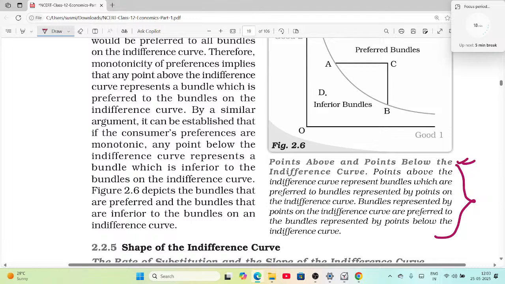Bundles represented by the points above the indifference curve are preferred to the bundles represented by points below the indifference curve.